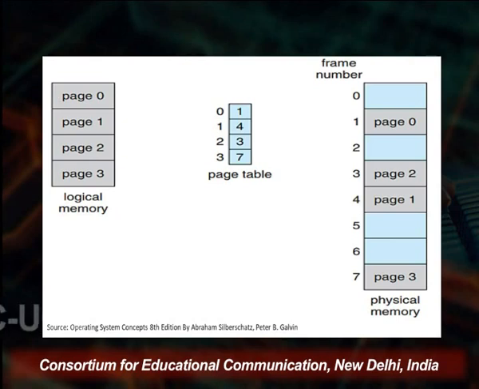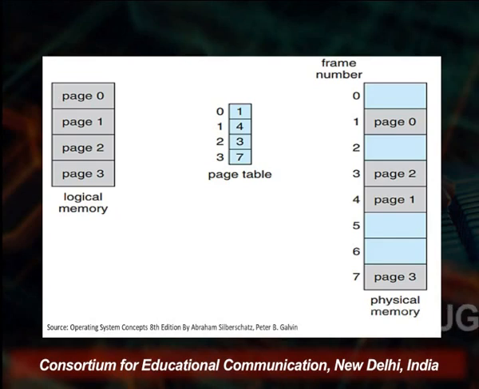So corresponding to page number 0 we have frame number 1, corresponding to page number 1 we have frame number 4. Similarly, corresponding to page number 2 we have frame number 3, and corresponding to page number 3 we have frame number 7.